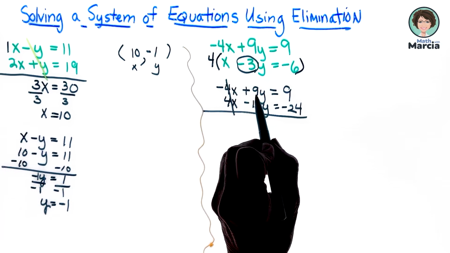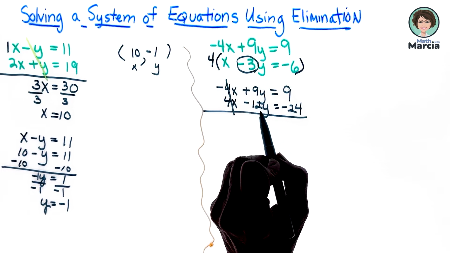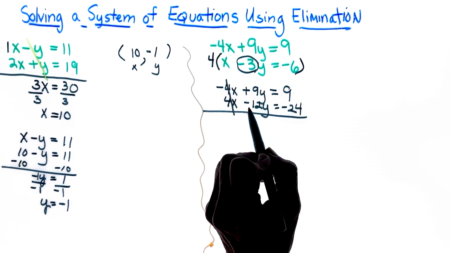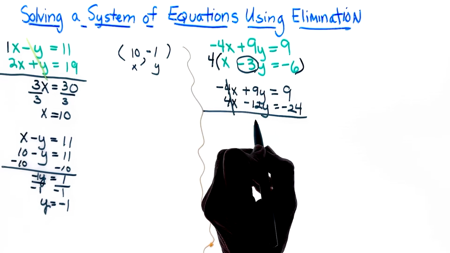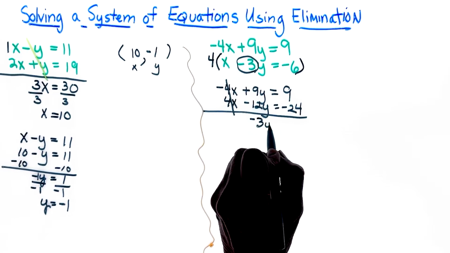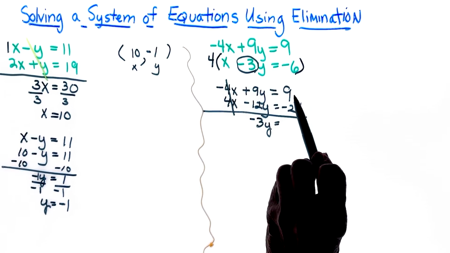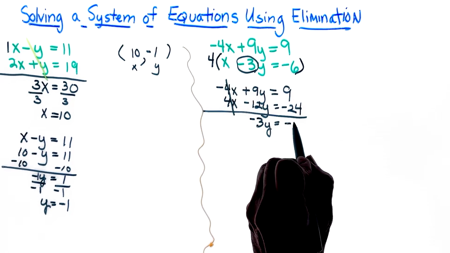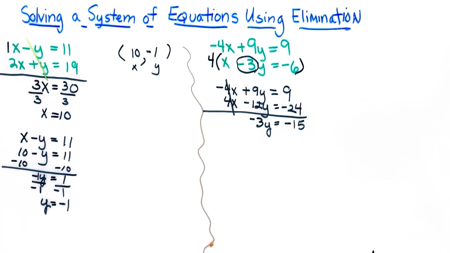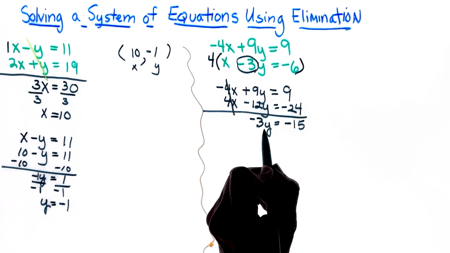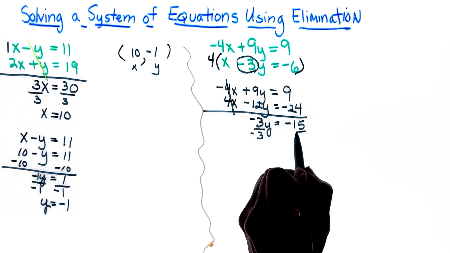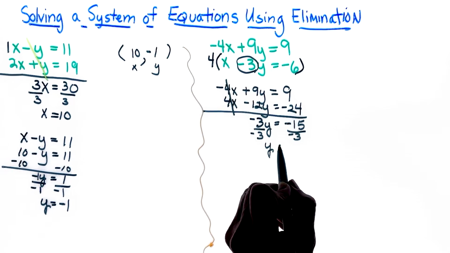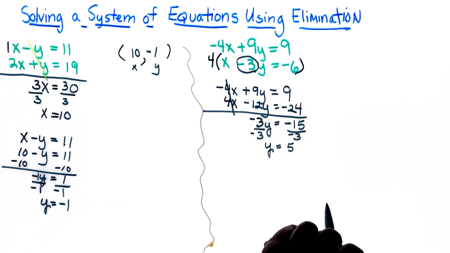So a positive 9y minus 12y is equal to a -3y. And 9 minus 24 is equal to a -15. Well, we know that we have to divide both sides by -3 to get the y by itself. So the y is equal to 5.